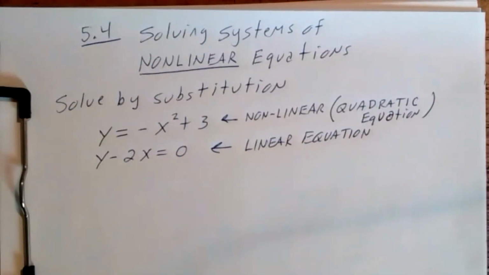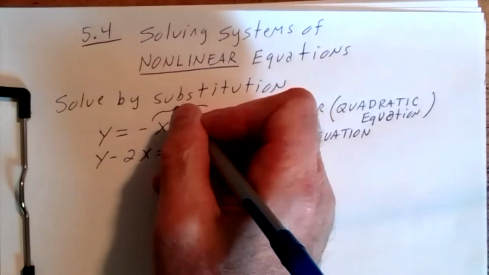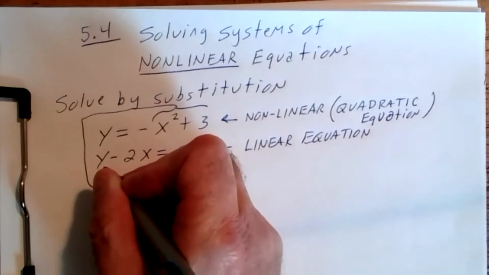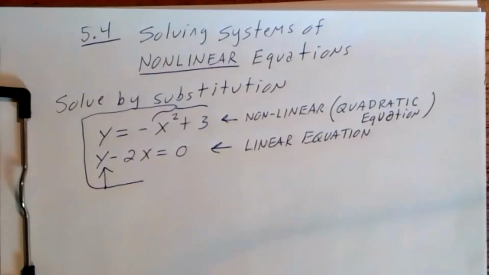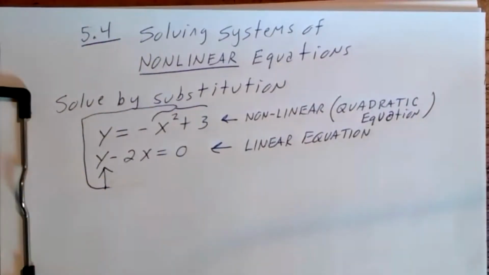So there we go, ladies and gentlemen. We're going to try to solve this system of two equations and two unknowns, and the substitution method is probably the nicest way to solve this system. Notice the first equation is solved for the variable y. Because of that, I can take this negative x squared plus 3 and substitute it in for my y variable into the second equation.